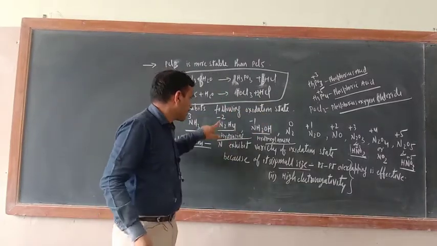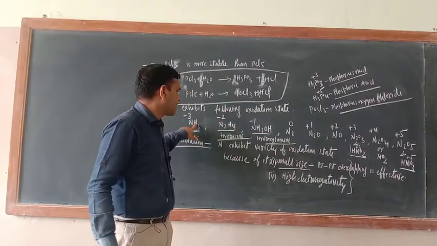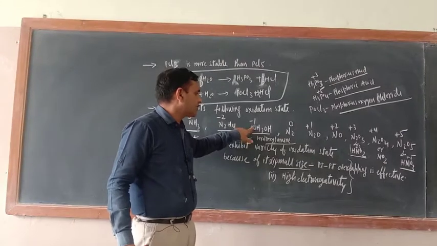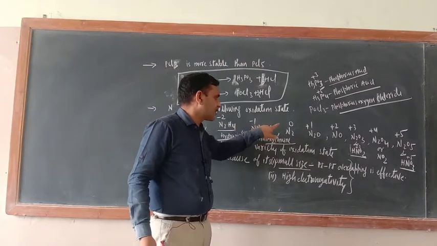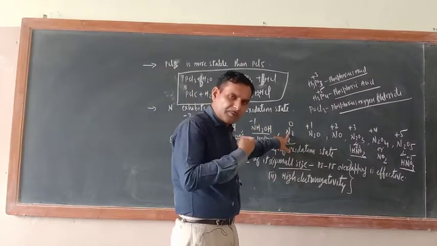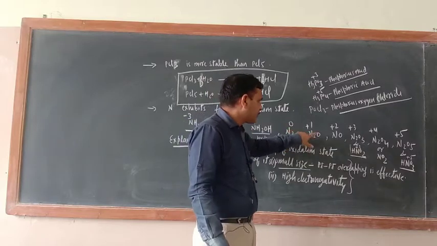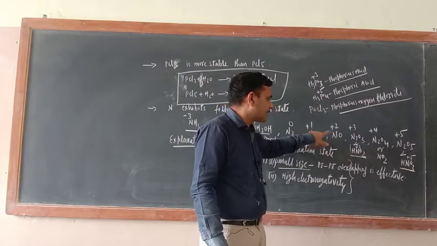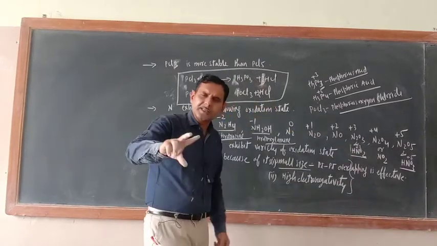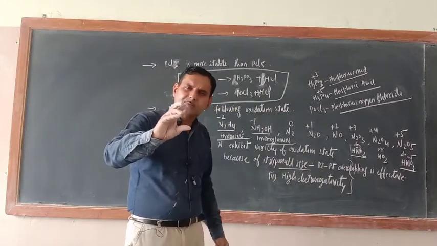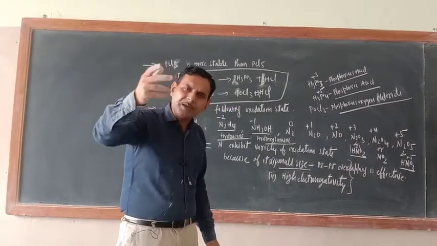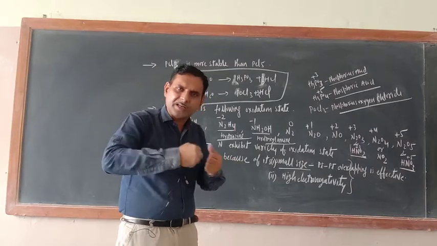Like just see, here nitrogen is overlapping with hydrogen. Here nitrogen is overlapping with hydrogen and oxygen. Here nitrogen is overlapping with nitrogen only. Here nitrogen is overlapping with oxygen, okay. So just see, when the size of nitrogen is small, its overlapping with other atoms is very effective.